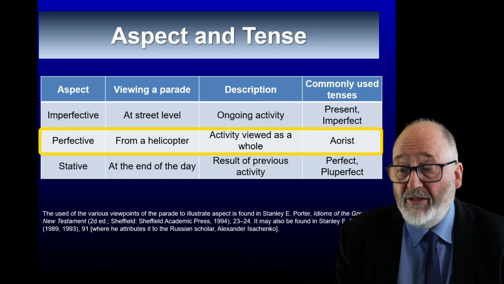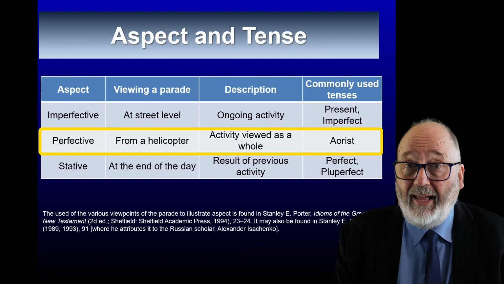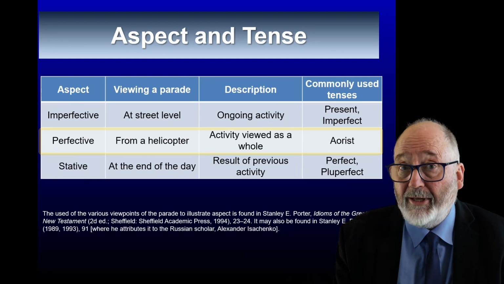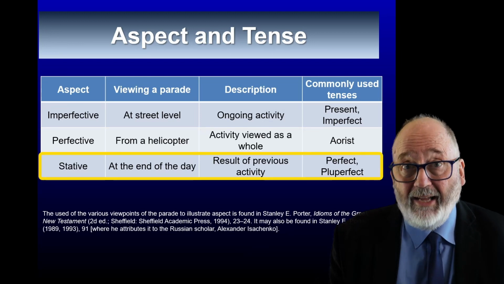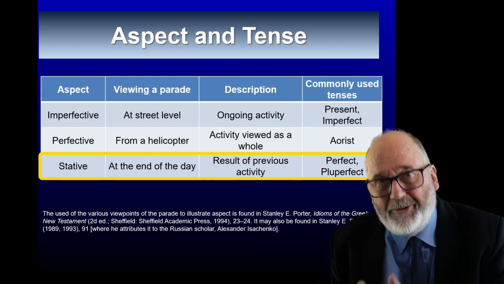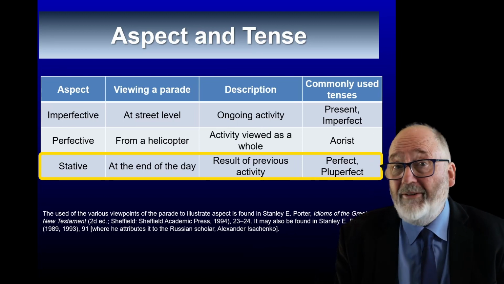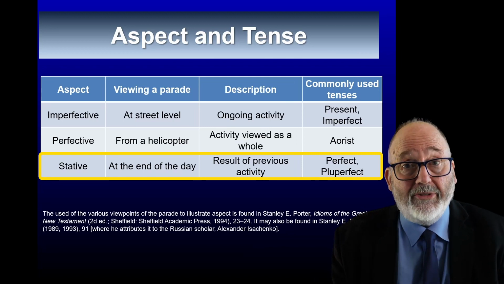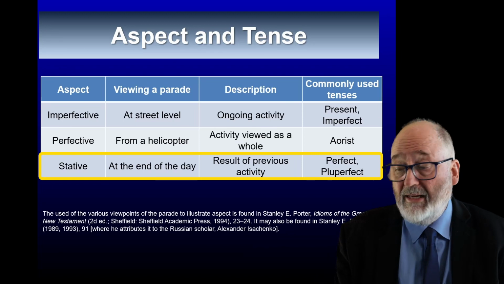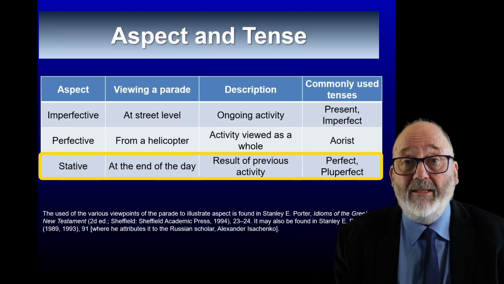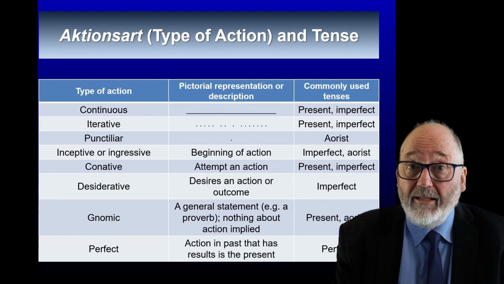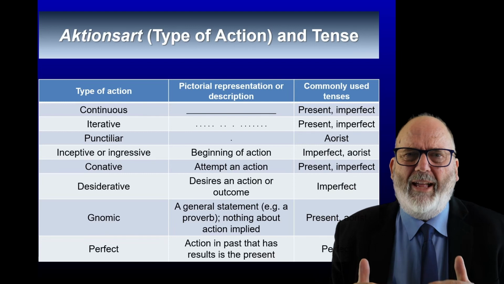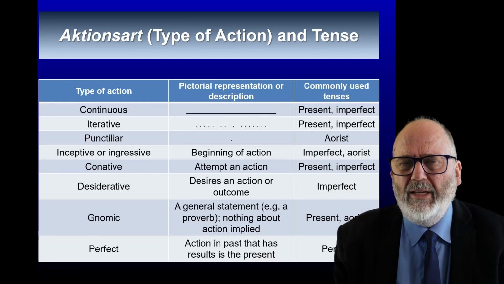The activity is viewed as a whole, and the aorist tense is the tense that most often has this aspect. And at the end of the day, when we're looking at the results of what had happened earlier, we're looking at a stative aspect. And the two Greek tenses used mostly for the stative aspect are the perfect and the pluperfect.